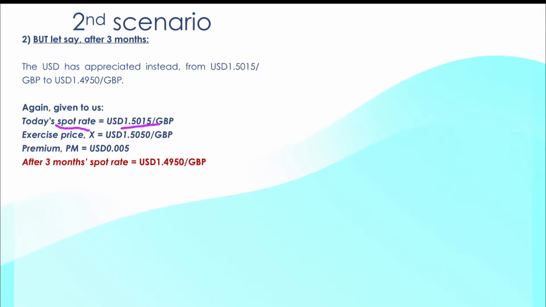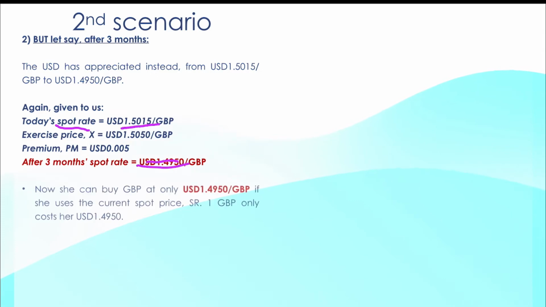After 3 months, the spot rate is 1.4950. So here, the spot rate is cheaper than the exercise price. Now she can buy GBP at only 1.4950 per GBP if she uses the current spot price. 1 GBP only costs her 1.4950.